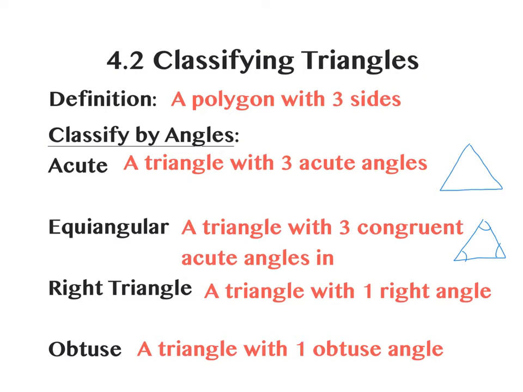And I think if you've figured it out, that means all 3 have to be 60 degrees. A triangle with 1 right angle, and a triangle with an obtuse angle. With the obtuse angle being right here.